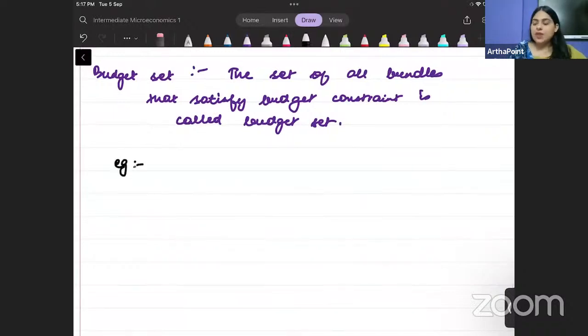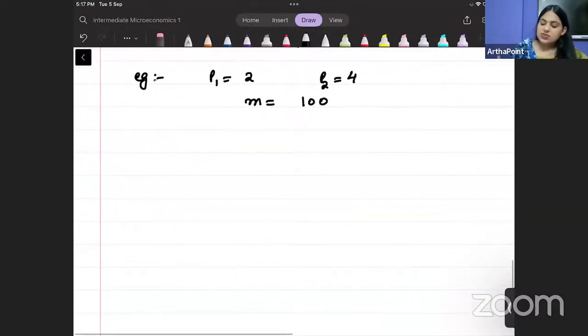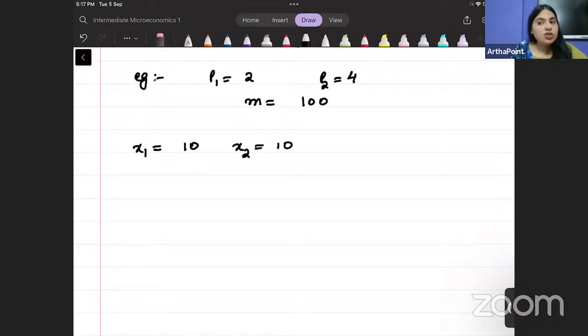Let's say I have the price of good 1 as 2. Price of good 2 is 4. ठीक है. Income of the consumer is 100. So consider this point, that I am consuming 10 units of good 1 and 10 units of good 2. So beta, how much am I spending? 2 into 10, that is the amount I'm spending on good 1.